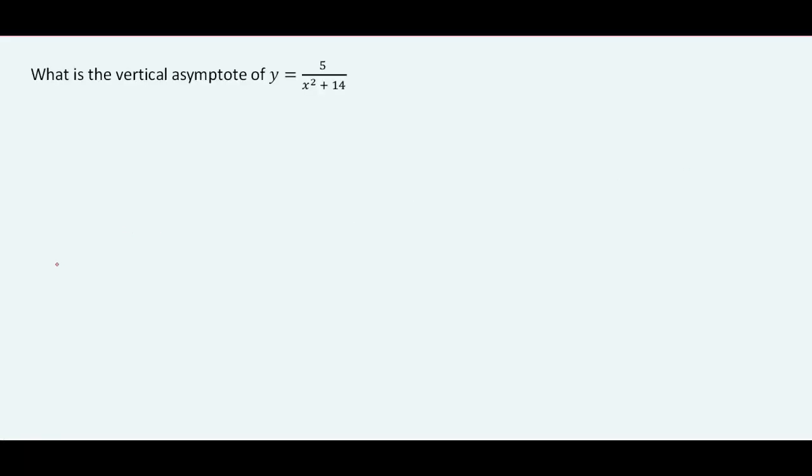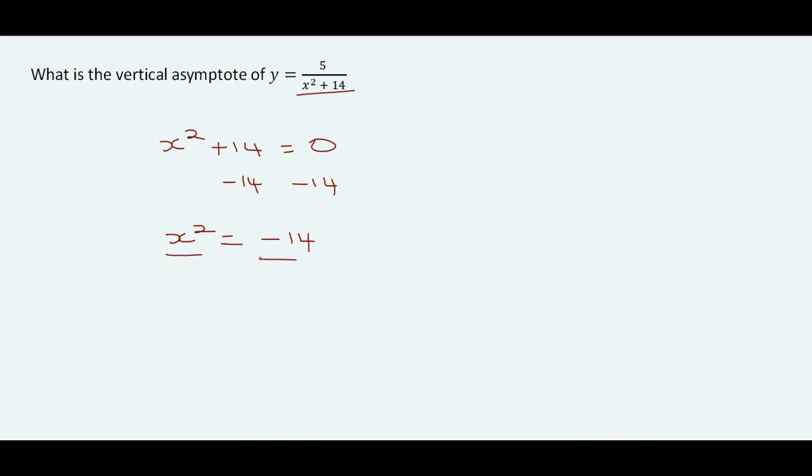Finally, what is the vertical asymptote of y equal to 5 over x squared plus 14? Now this is going to be interesting because we have x squared plus 14 equal to 0. We subtract 14 from both sides, so x squared equal to negative 14. Now with vertical asymptotes, remember we're looking at the coordinate axis. The zero of your denominator must result in a real number.